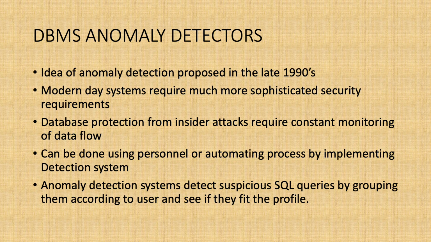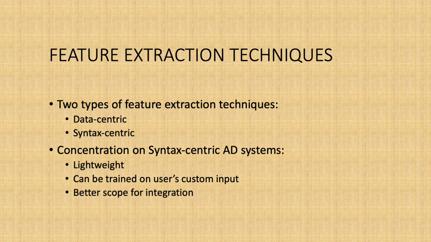So, how do we extract the queries or the features for training our model in general? For extracting the features from our queries, we mainly rely on two techniques. The first one is data centric, and the second one is syntax centric.